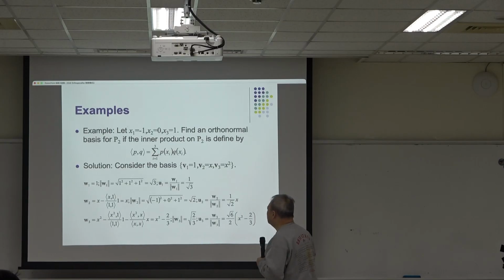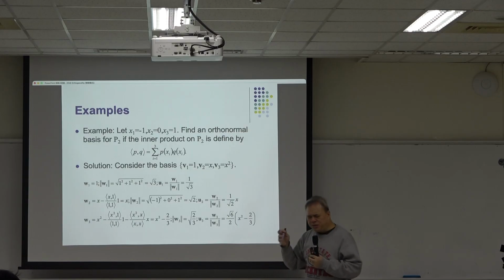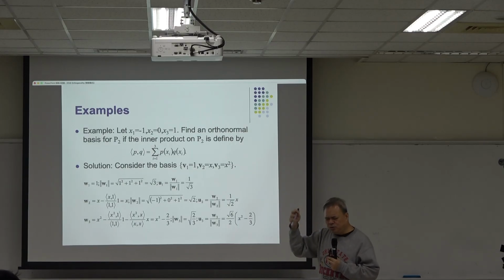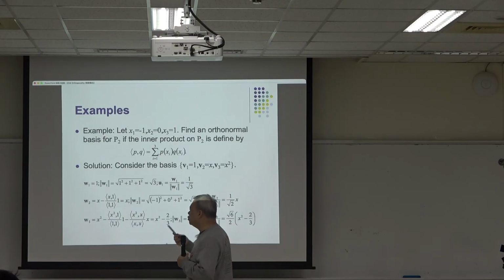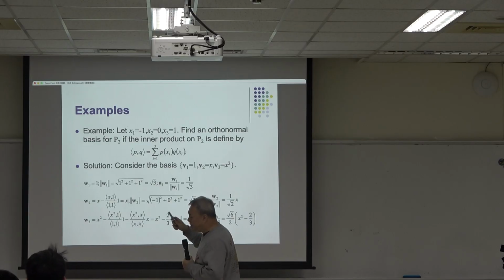So first, for v1, we want to construct w1, w2, and w3, which are orthogonal, and then we need to construct u1, u2, u3 from w1, w2, w3, so that u1, u2, u3 are not only orthogonal but also unit vectors. So first, for w1, we know w1 is v1, so it's just 1.